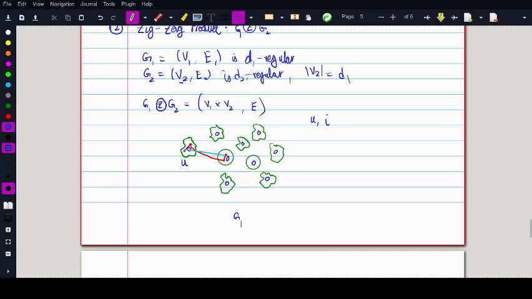Let's say you are given (U, I), and you say there exists an edge from (U, I) to (V, J). Let me write it in a better way: (U, I) and (V, J) is in E, which means that between them there exists an edge.